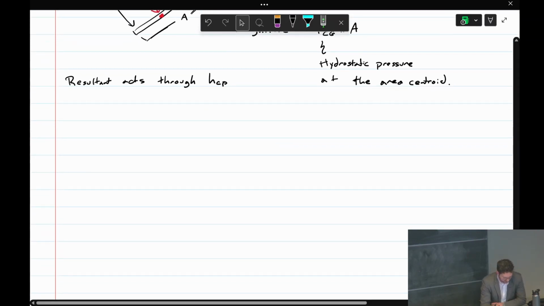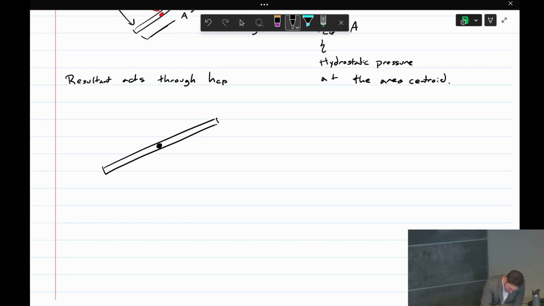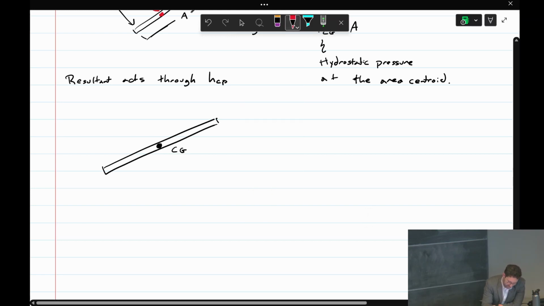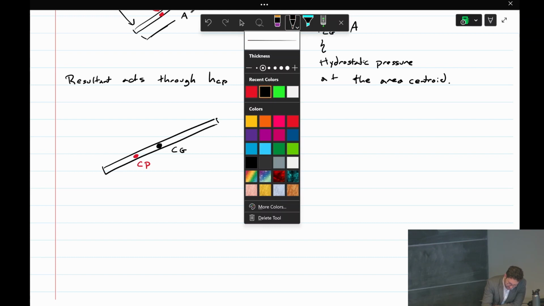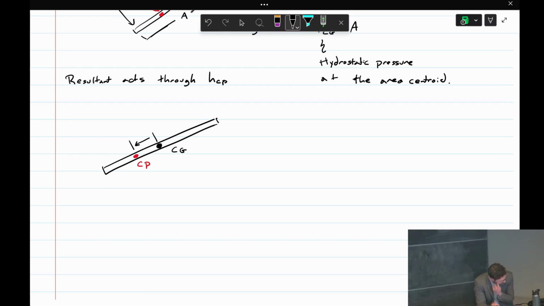H_CP. So this is CG, that means centroid, and this is CP, the center of pressure. And the distance from the CG to the CP is something that we can calculate.